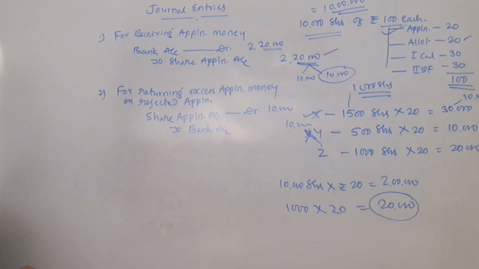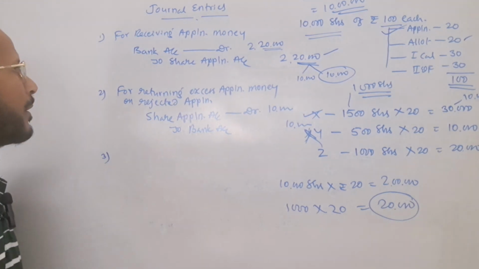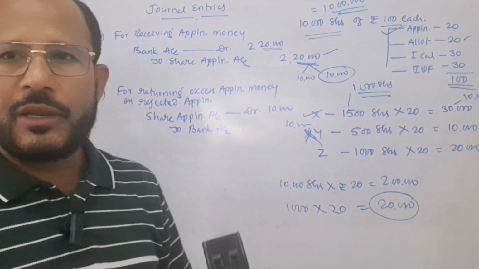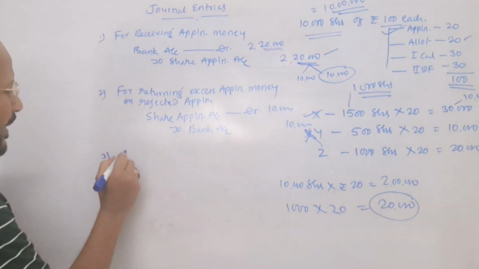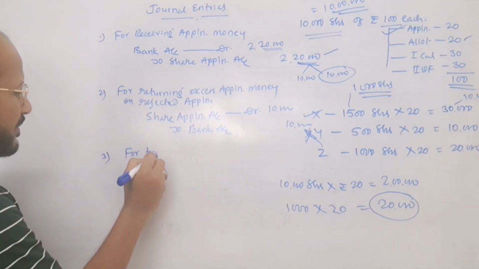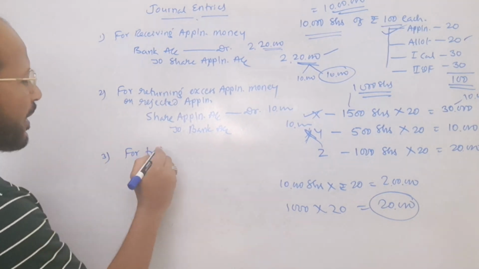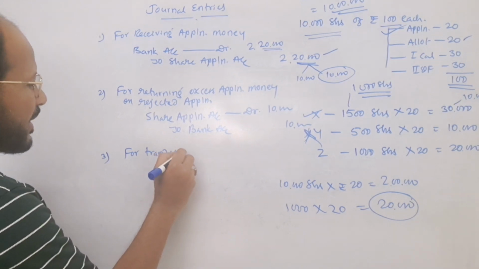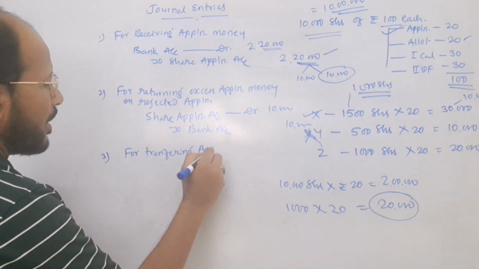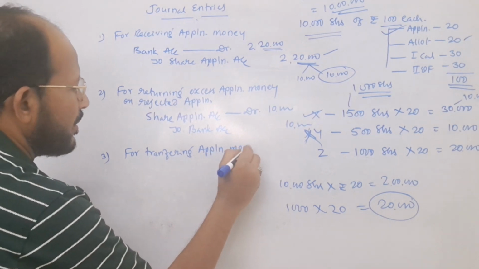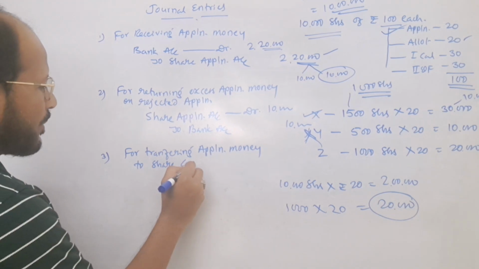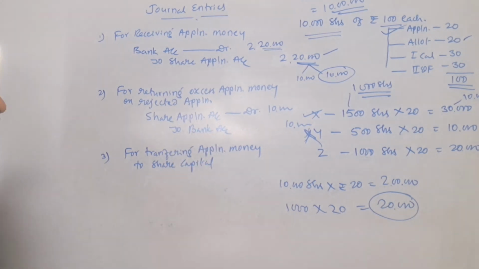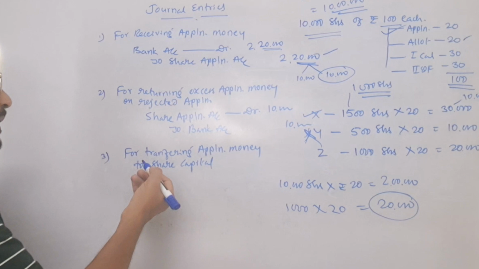Next is the third journal entry. Try to understand here. Whatever application money is there will be transferred to share capital account. For that, what journal entry is to be passed? For transferring application money to share capital, share capital account is to be credited.